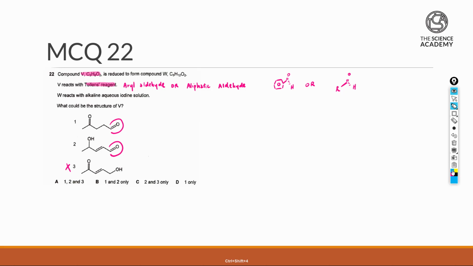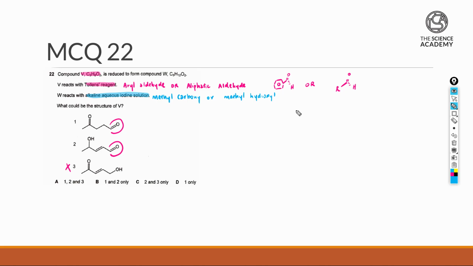Now the second one, W, has the ability to react with alkaline aqueous iodine solution. To react with alkaline aqueous iodine solution, it has to be a methyl carbonyl compound, or a methyl alcohol compound.